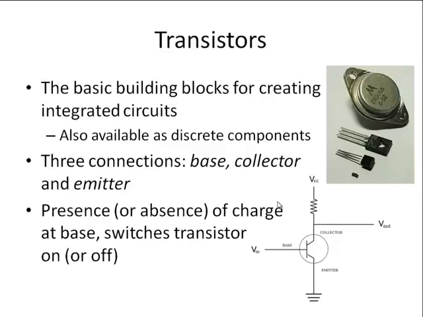Each has 3 pins, as you can see. And the 3 connections are base, collector and emitter. And the presence or absence of a charge at the base can be used to switch a transistor on or off. So we have an example there. Some voltage in can switch the circuit on or off, in effect, and that will affect the voltage out.